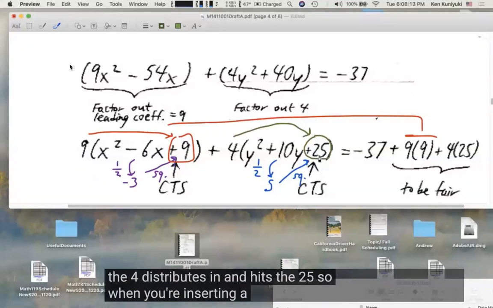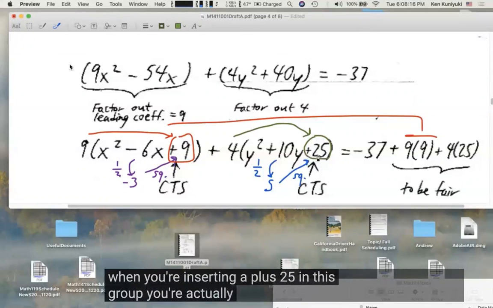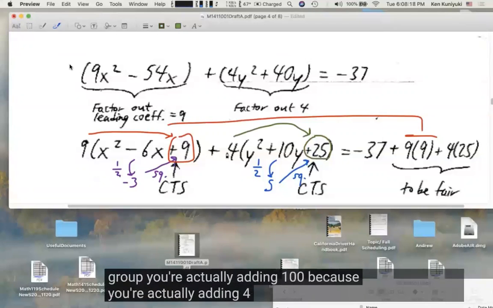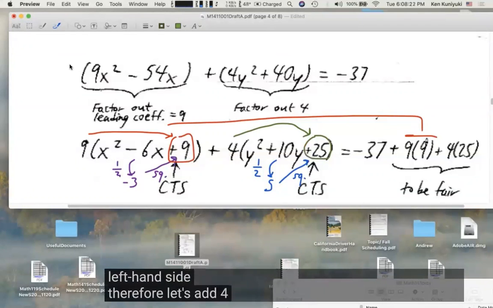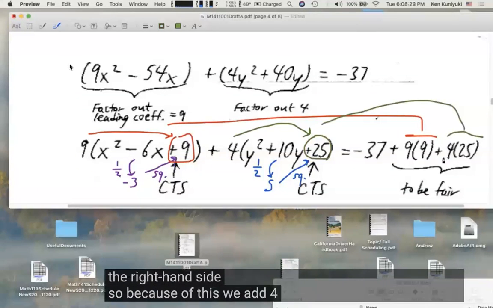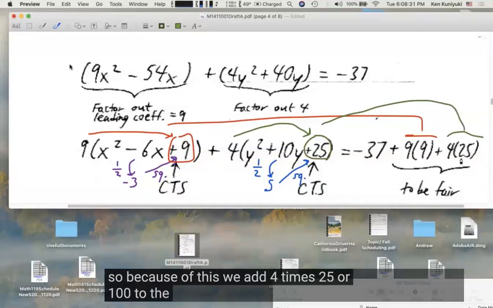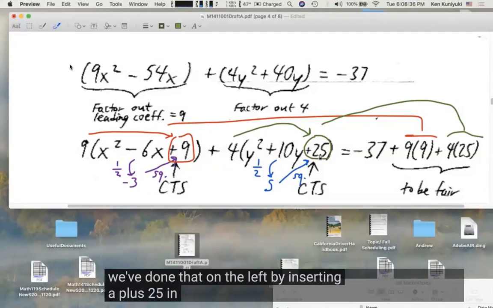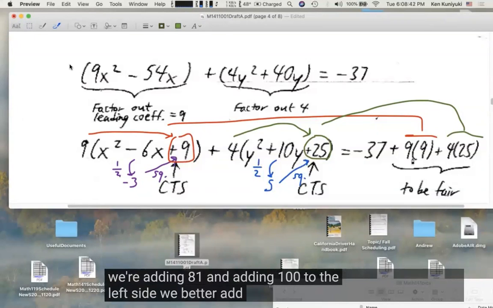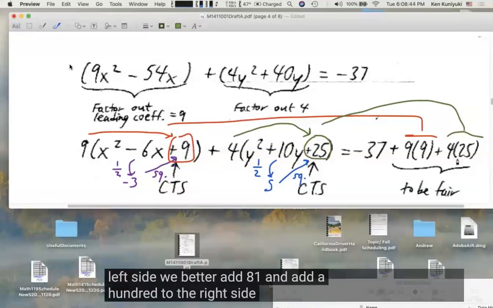So when you insert a plus 25 in this group, you're actually adding 100, because you're adding 4 times 25 to the left-hand side. Therefore, we add 4 times 25, or 100, to the right side as well. We're compensating. If we're adding 81 and adding 100 to the left side, we better add 81 and add 100 to the right side.